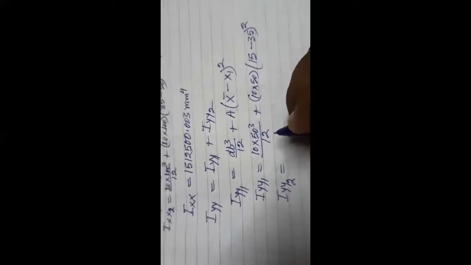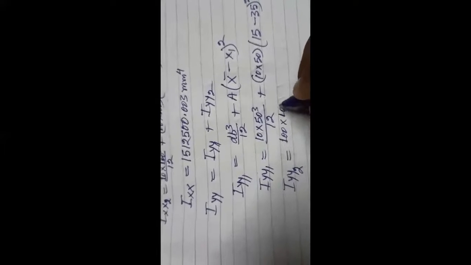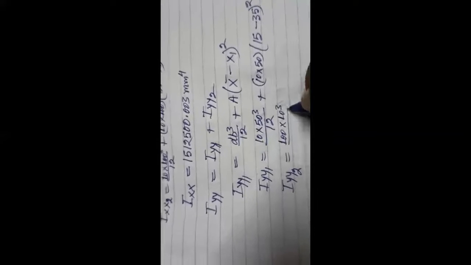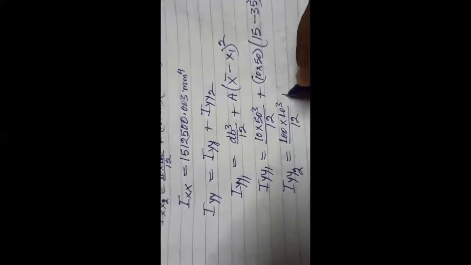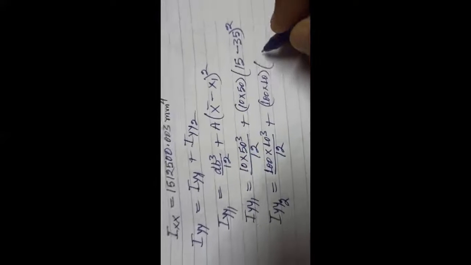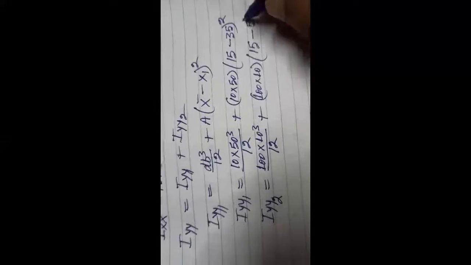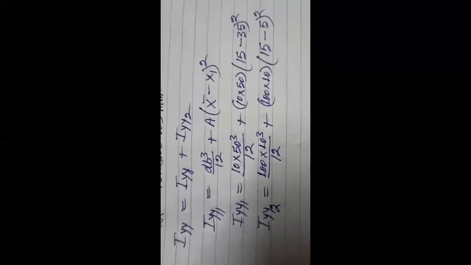So for this, 100 into 10 cube divided by 12 plus 100 into 10, this is the area, into x bar minus x2 whole square. So by calculating this we can find out Iyy.